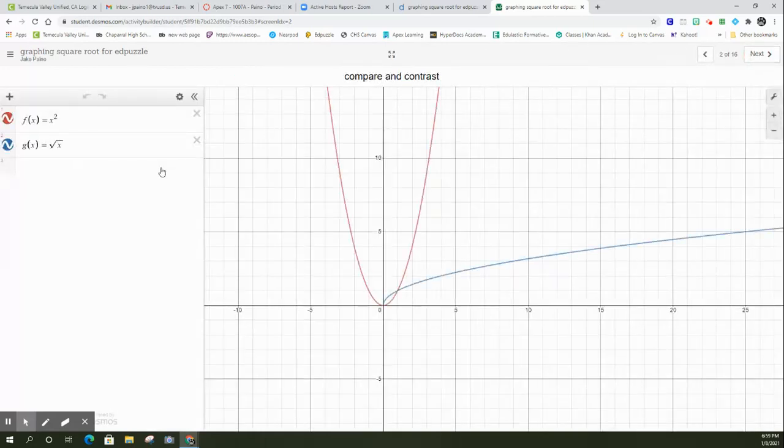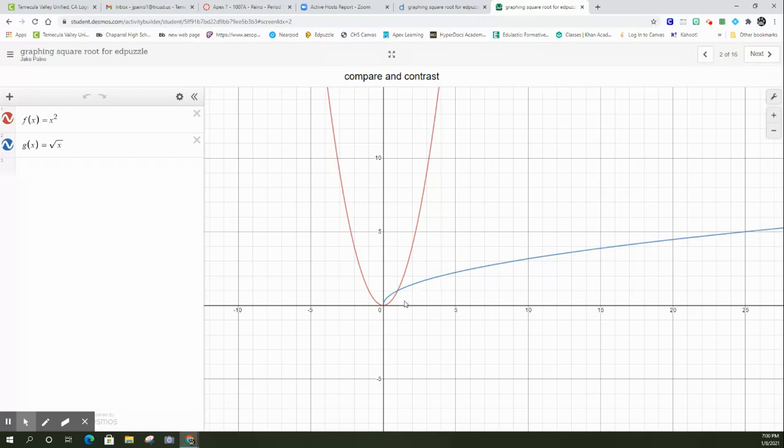Really fast, let's compare a quadratic to a square root function. The parent function of a quadratic is just x squared. The parent function of a square root function is just radical x. The quadratic's in red, the square root function's in blue, and they are almost inverses of each other.